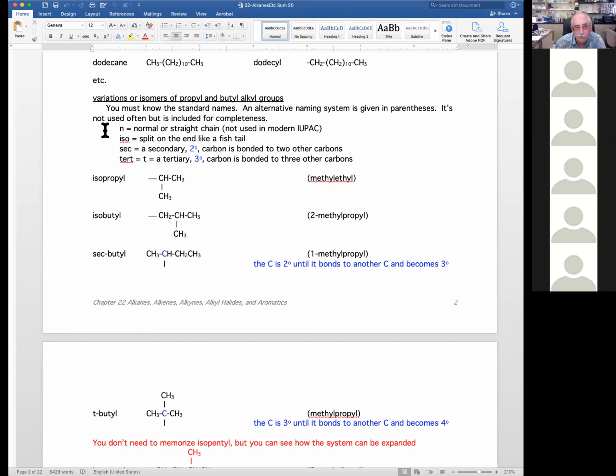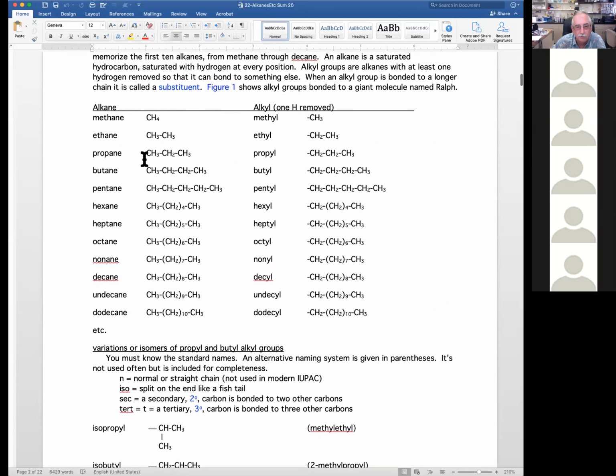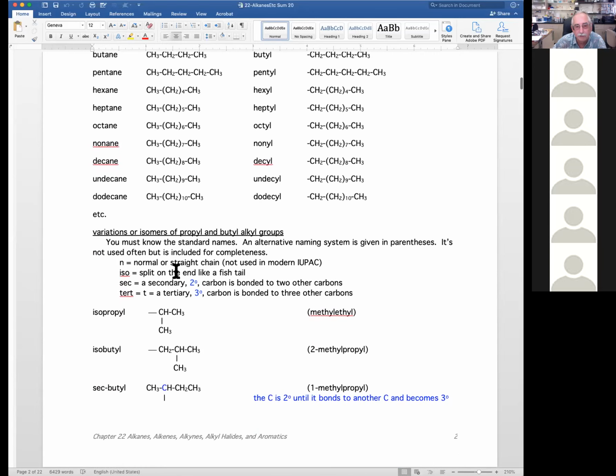So first we'll go through some of the terminology that they use or used to use and sometimes still do. N meant normal or straight chain. We don't use that anymore. But for example, this would be called N-butane because it's all in a row. That'd be called N-butyl because it's all in a row. Then iso means that it's split on the end like a fishtail.